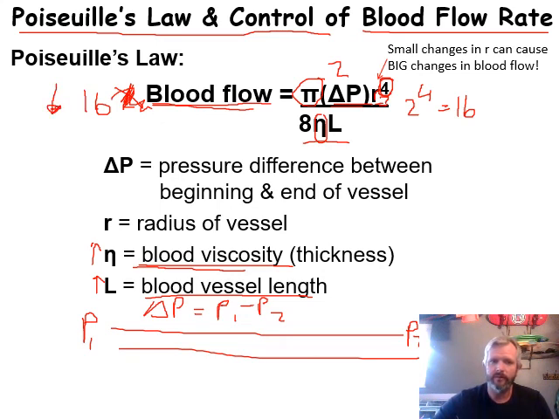Okay, so those are the factors. You're going to be looking at lab at these different factors in blood flow, but one thing to really make a point of is what is going to have the largest effect on blood flow, and that's going to be the radius of the blood vessel, okay, whether dilated or constricted.